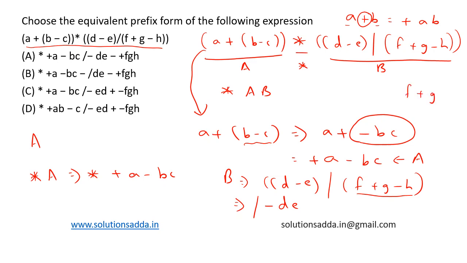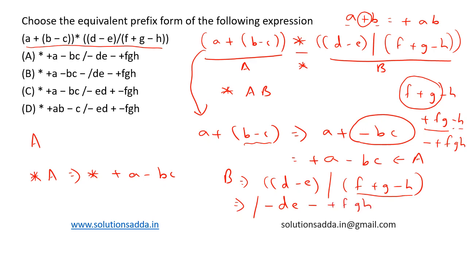F plus G minus H. First we follow this, that is plus FG minus H. Then again, this would be A, this is the operator, this is B. So we have minus plus FGH.